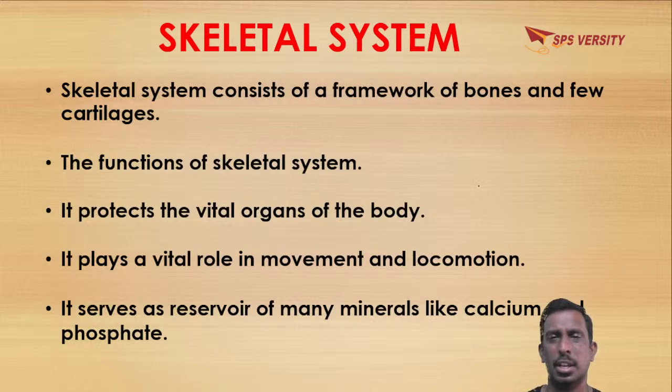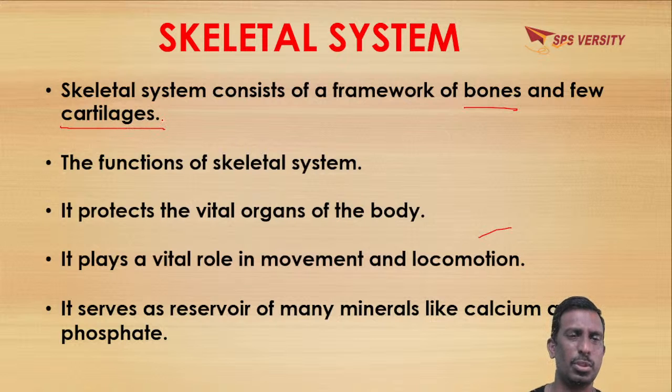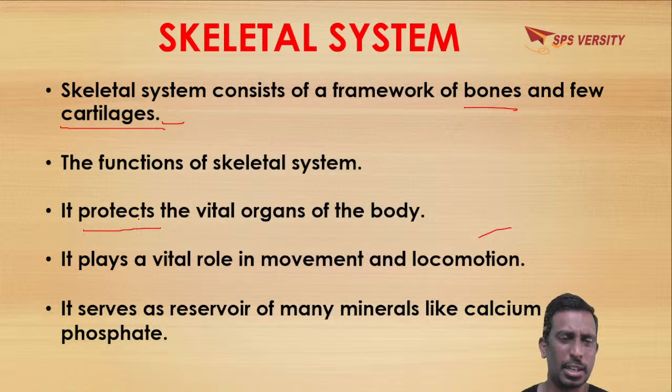Okay. So the skeletal system is a framework of bones, and these bones are joined by a connective tissue, that is cartilage. What will this skeletal system do? It will protect the vital organs like lungs, kidneys, heart, etc. They play an important role in movement and locomotion.